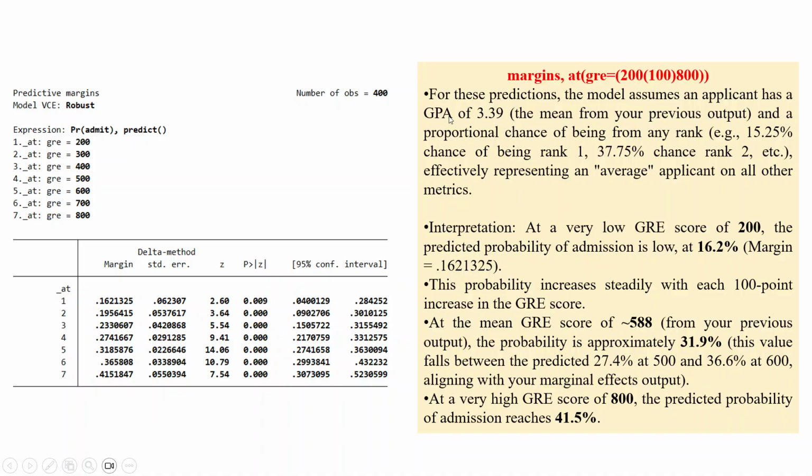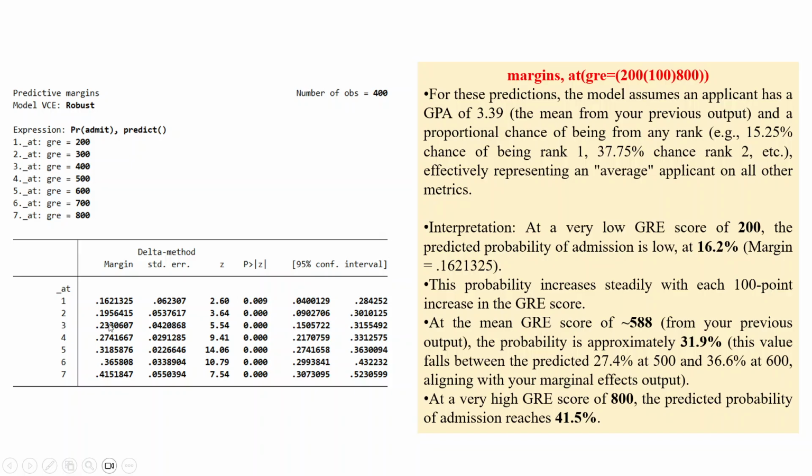Now, considering this GPA and this rank, let's write the interpretation. At a very low GRE score of 200, the predicted probability of admission is low, which is 16.2%. This probability increases steadily with each 100-point increase in the GRE score. At the mean GRE score, that is 588, the probability is approximately 31.9%.